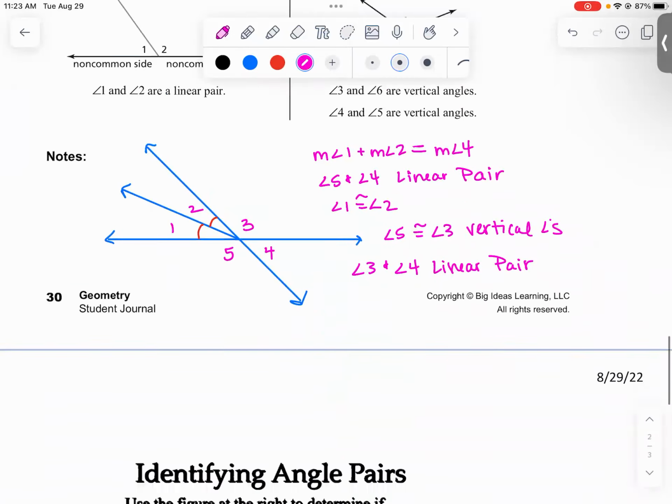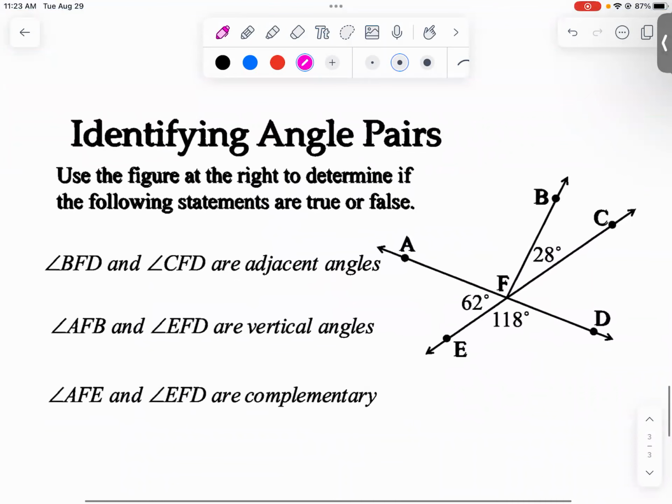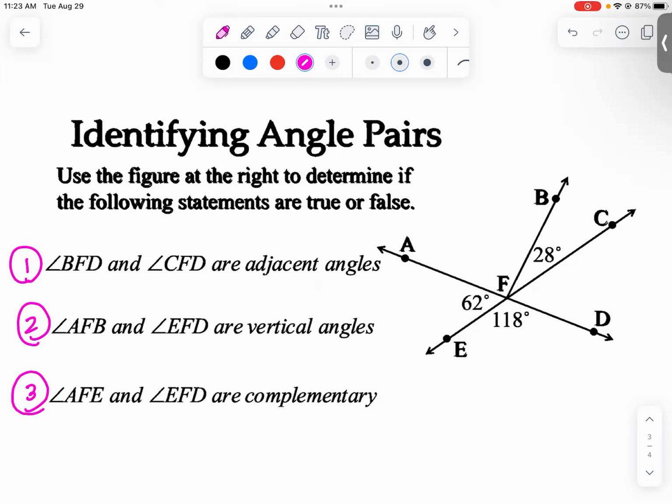All right. I need a true or false for each of these 3 statements. Statement 1, statement 2, statement 3, okay? You don't have to write this down anywhere.